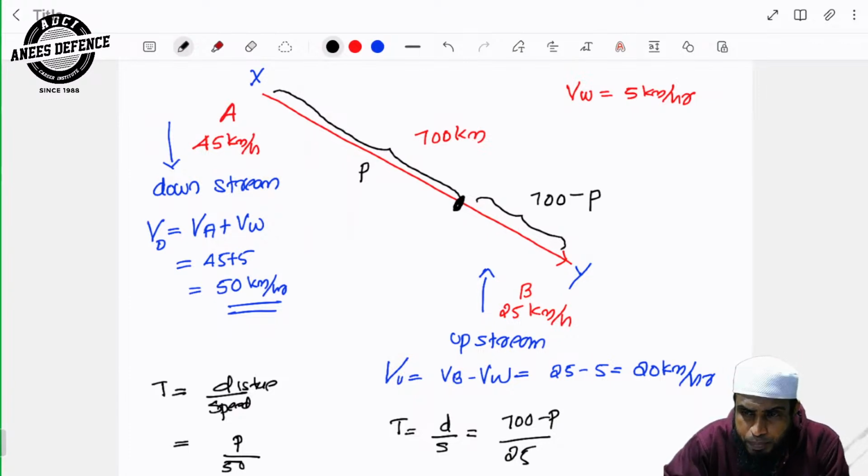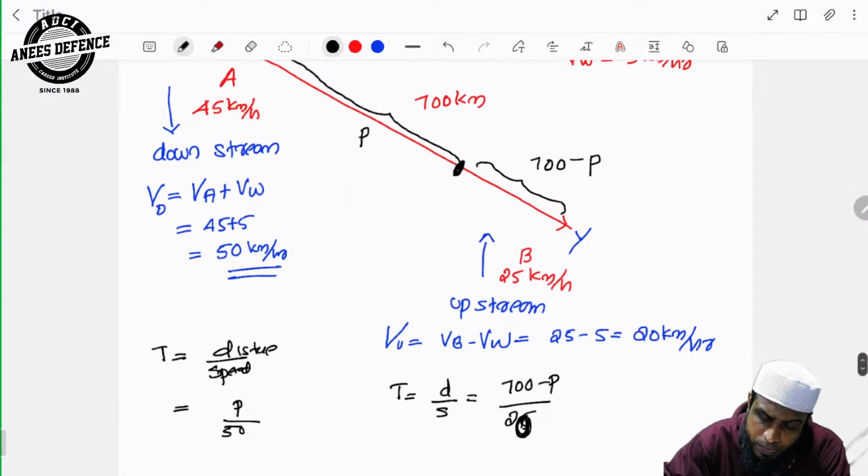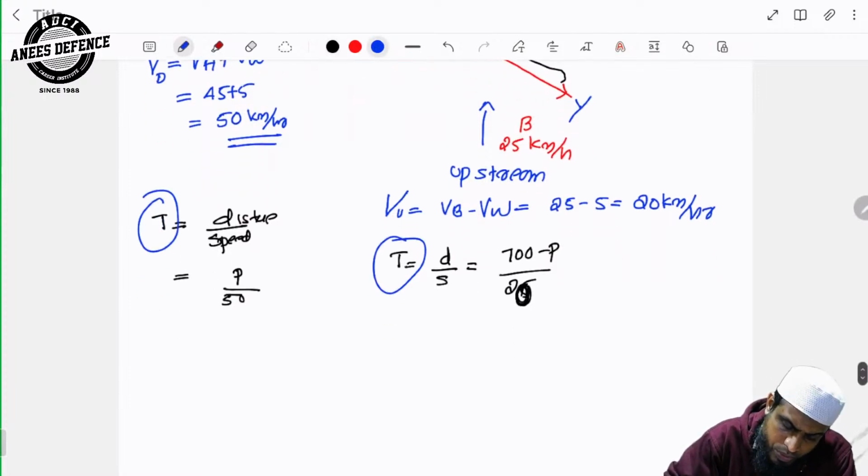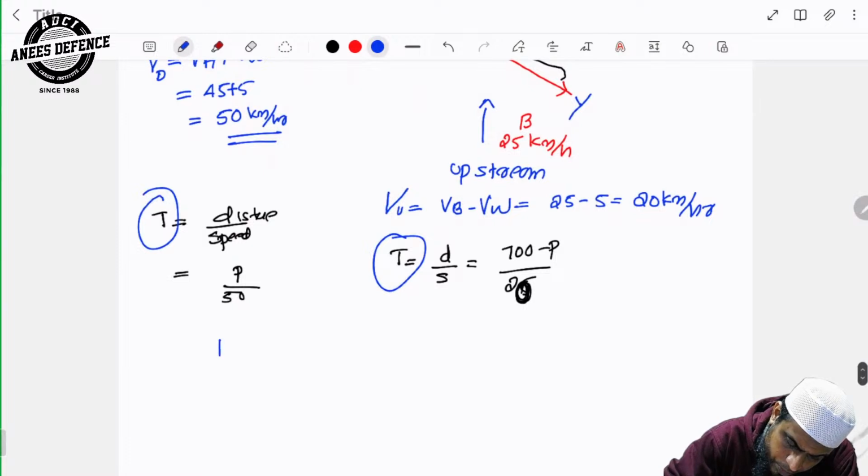Boat B is moving upstream, so the effective velocity is 20 kilometers per hour. Since both are taking equal time, this T and this T can be the same. So we can write like this.